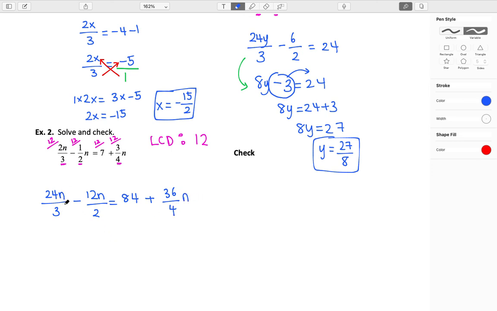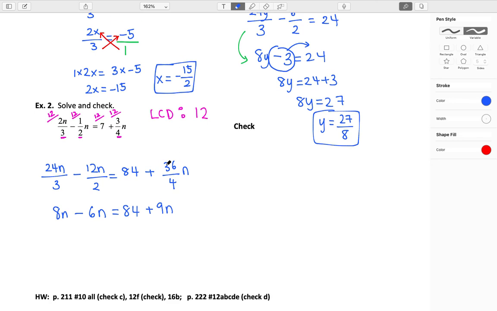Now, you're going to do the division. 24 divided by 3 is 8n, minus 12 divided by 2 is 6n, 84, and 36 divided by 4 is 9n. So just by dividing, you get rid of the fraction. Now, I can simplify this.